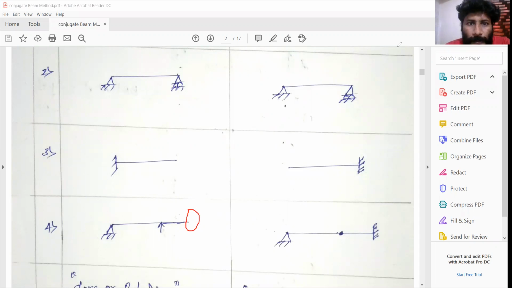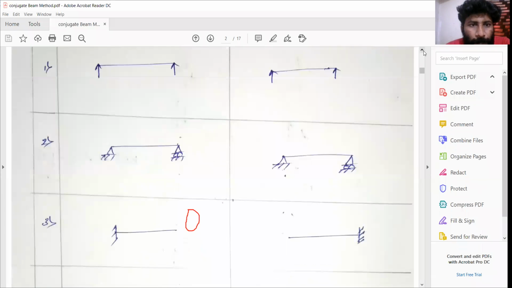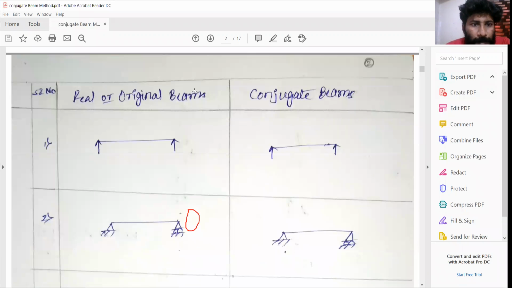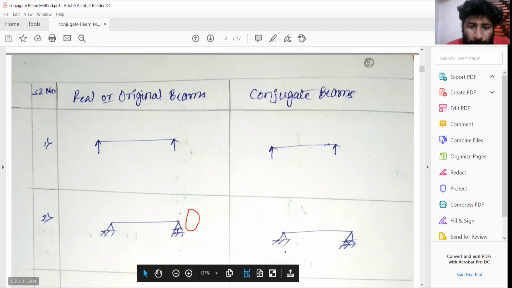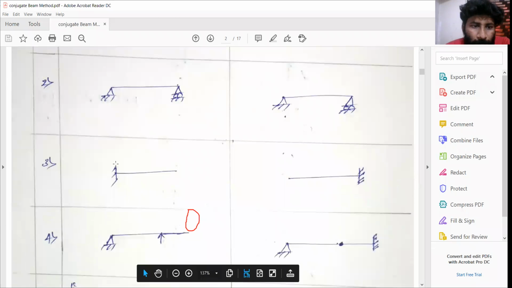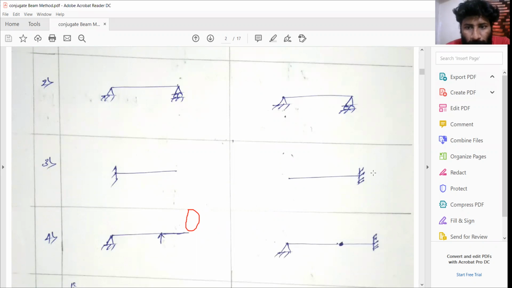Overall, I can say that in the real beams, wherever we have pinned supports they remain pinned, and roller supports remain roller in the conjugate beam. Only the fixed support will become free, and free will become a fixed support in the conjugate beam.